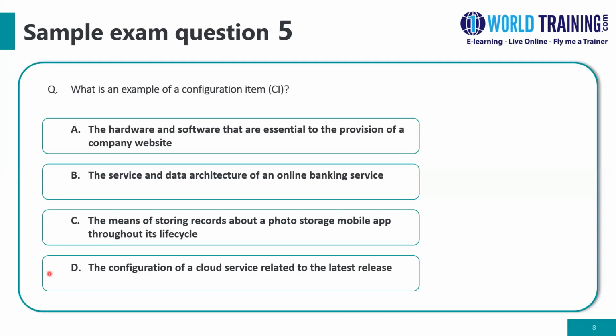At first look, to me, all these options seem to be configuration items. It's quite tricky, but it's possible that each of these entries means something different. So let's take a closer look at these.